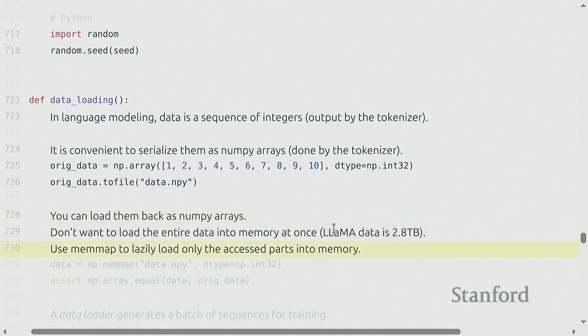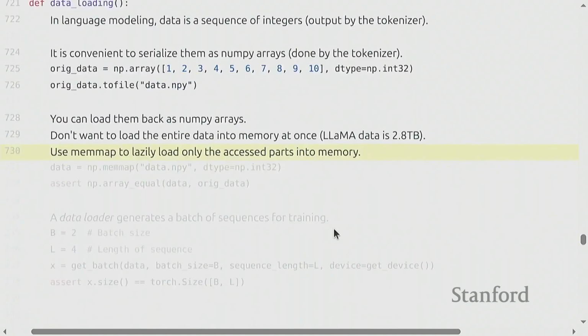And one thing that's maybe useful is that you don't want to load all your data into memory at once, because, for example, the llama data is 2.8 terabytes. But you can sort of pretend to load it by using this handy function called memmap, which gives you essentially a variable that is mapped to a file.